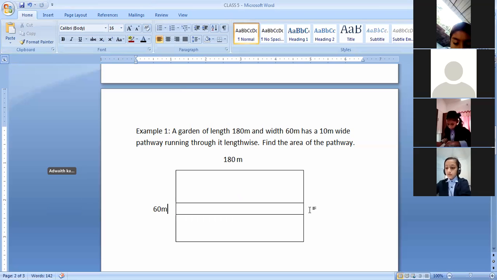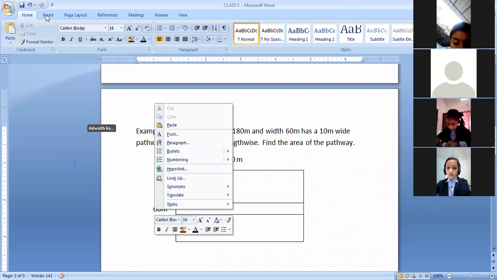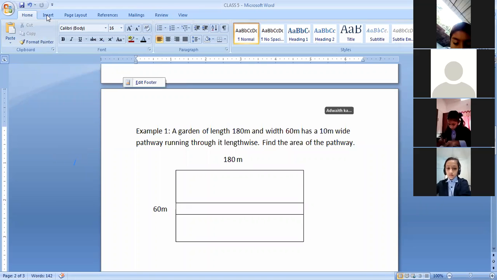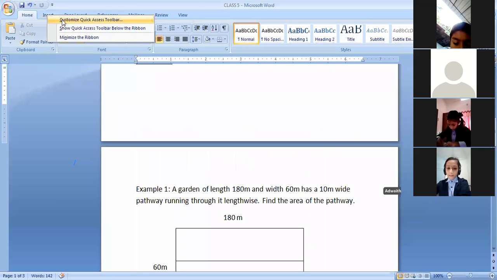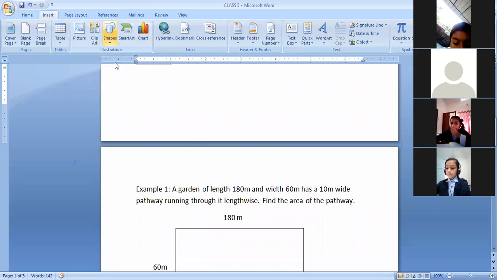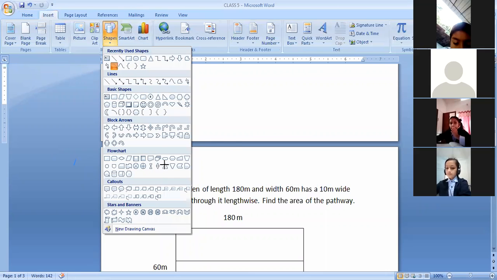And look at the question. There is a 10 meter given in the question. What is that 10 meter? Do you know what is that 10 meter? Read the question and tell me.